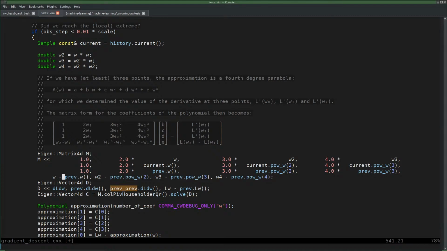And here's again a previous, which must be a current. And here's a previous, which must be current. And then here I have a previous, which must therefore be a current. And the DLDW is not calculated.